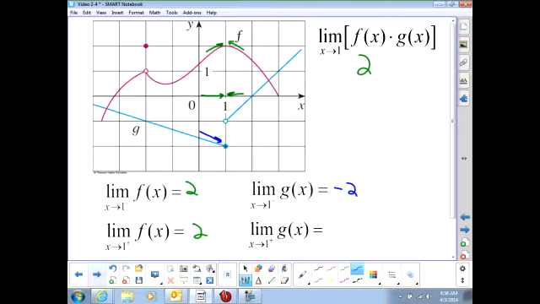And as g approaches 1 from the right, our y values are getting closer and closer to -1.